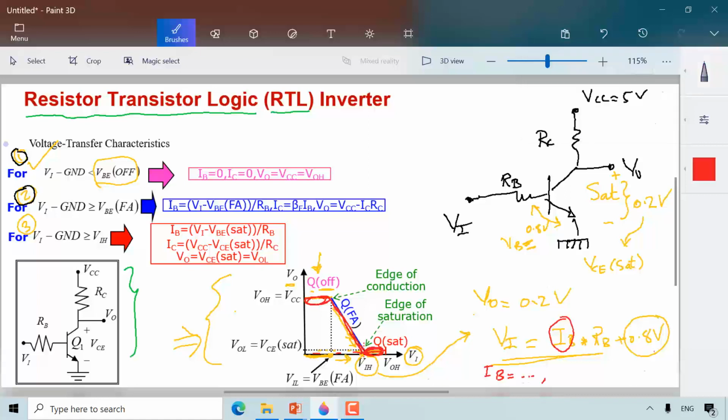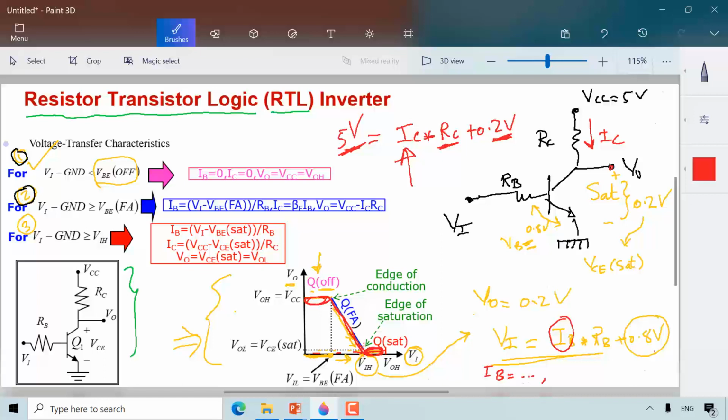Since you have an IC current flowing through RC, and this is at 0.2, IC times RC plus 0.2 volt equals 5 volt. I know the RC, I know 0.2, so I can find out the IC. This is how you find the value of IC in the saturation region.